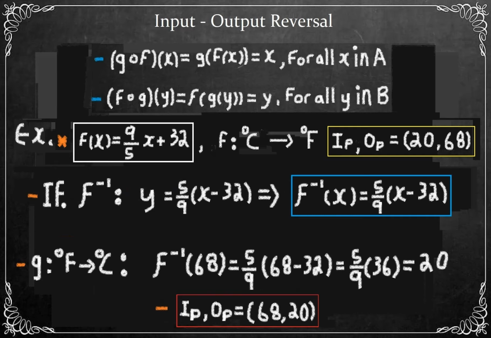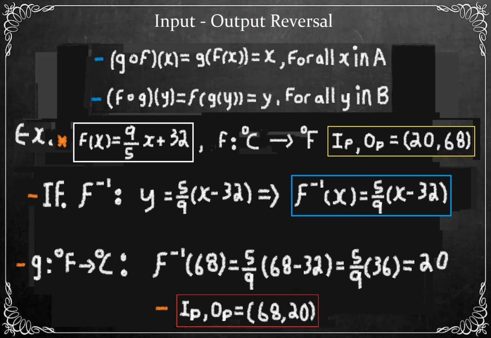We can rewrite the inverse of f, the blue box, read as f inverse of x equals the following expression. Basically, the relationship in the blue box is equivalent to the white box because f of x equals y in the white box, whereas f inverse of x equals y in the blue box.